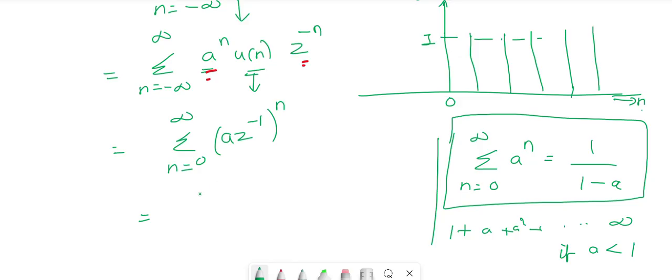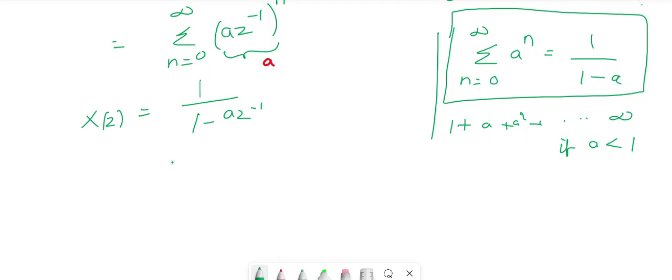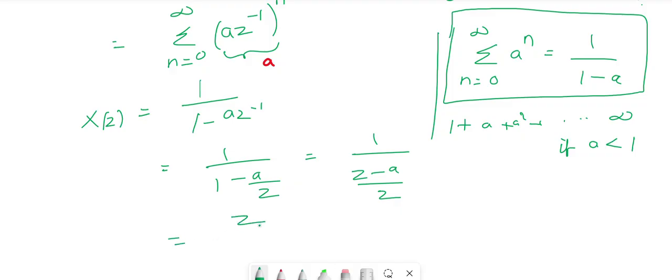So X of z is 1 divided by 1 minus a, where a is z inverse. So you can write 1 divided by 1 minus a by z, which is 1 divided by z minus a by z. Finally, X of z equals z by z minus a.